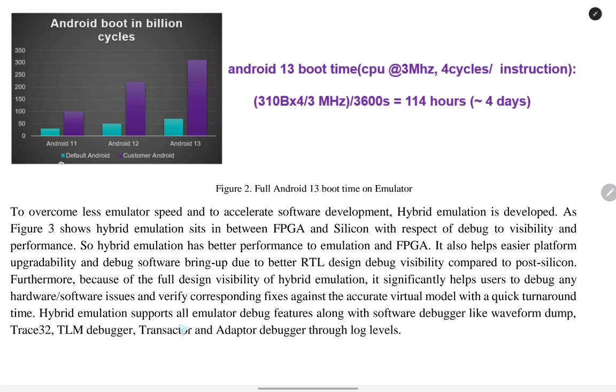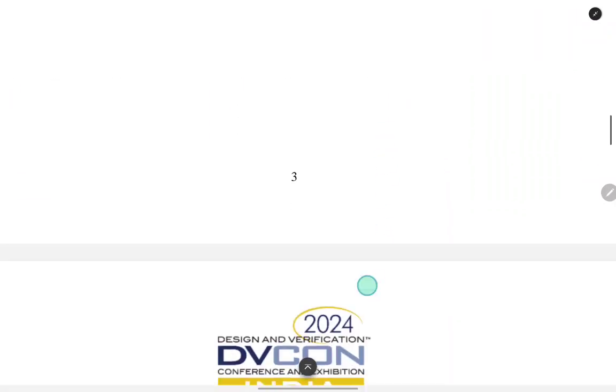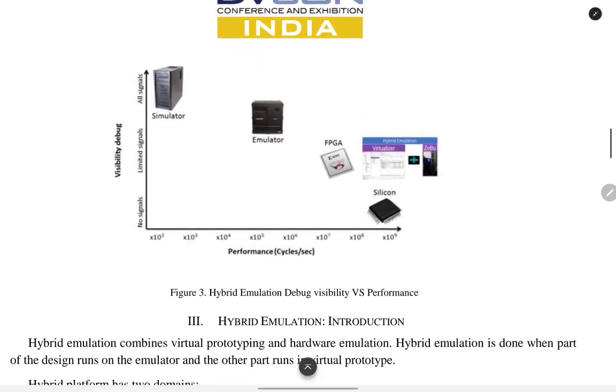Hybrid emulation supports all emulator debug features, along with software debuggers like waveform dump, TLM debugger, transactor, and adapter debugger through the log level. Figure 3 is hybrid emulation debug visibility versus performance.